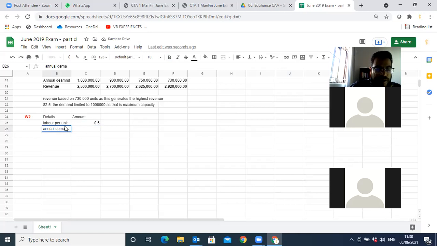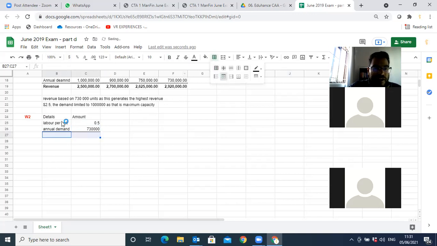Annual demand. Remember, we selected the revenue based on 730,000, so we must use 730,000. What you use over here must correspond to what you have used in your revenue calculation. Just be aware of that. Okay, so this will give us required labor hours.